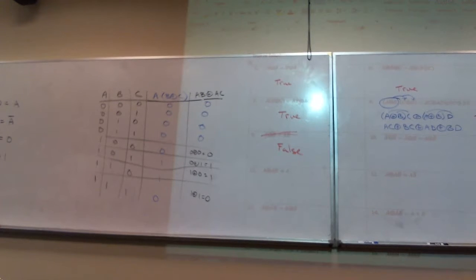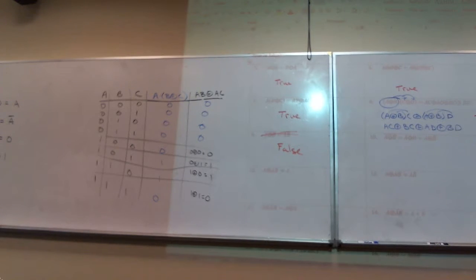Yeah, so the not changes this to 1, so I'd have 1 XOR 0. 1, true. 1 XOR 1, therefore 0, false. 0 XOR 0, 0 XOR 1. It is true for that first one. And then, is that the same as doing A XOR B not?